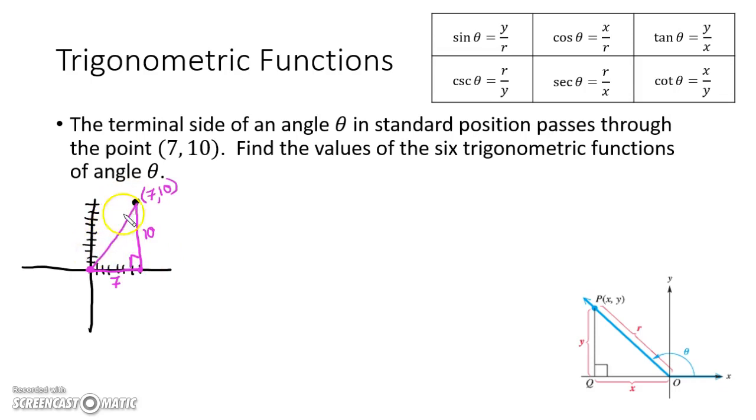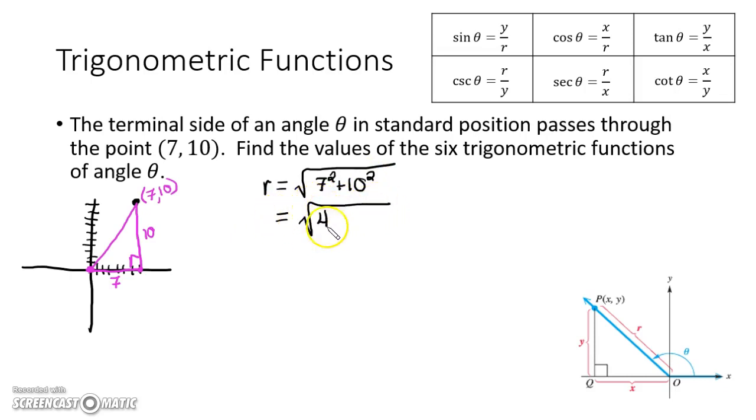Now this r, how are we going to find that r? Well, if you remember, we had that formula we talked about earlier, and we found it by using the distance formula. So r was equal to the square root of 7 squared plus 10 squared. So we just need to simplify that.